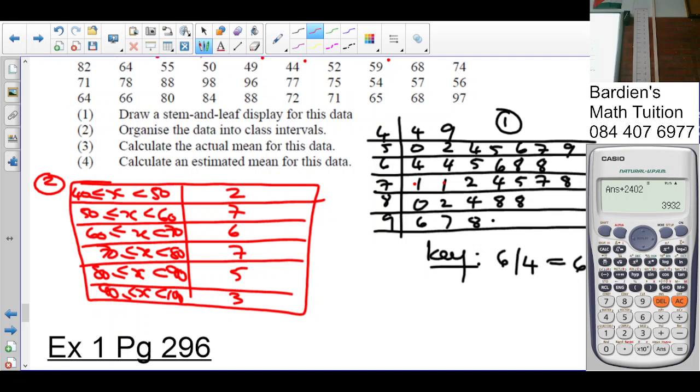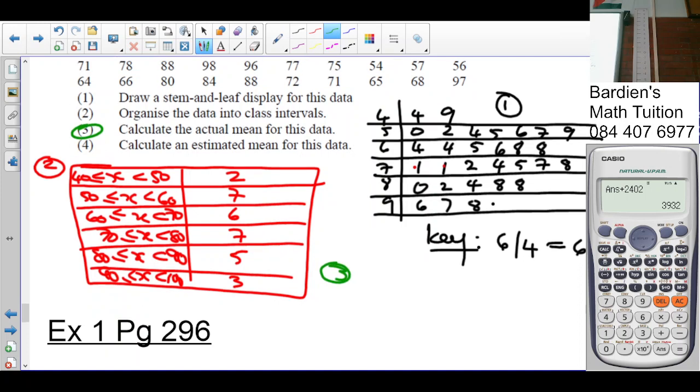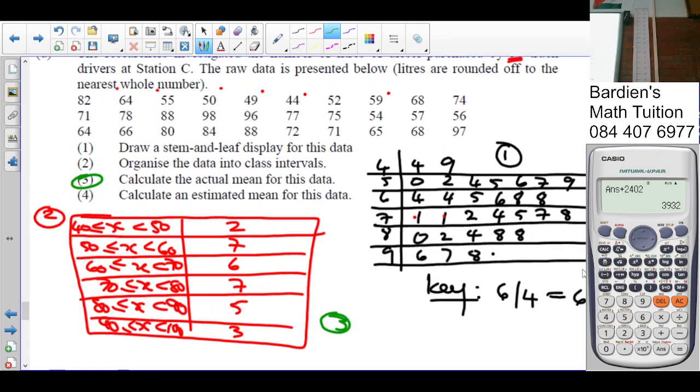Calculate the actual mean. So the actual mean means to say I must add up all these numbers here and divide it by 30. So when you added all those values up, what did we get? 2,124.